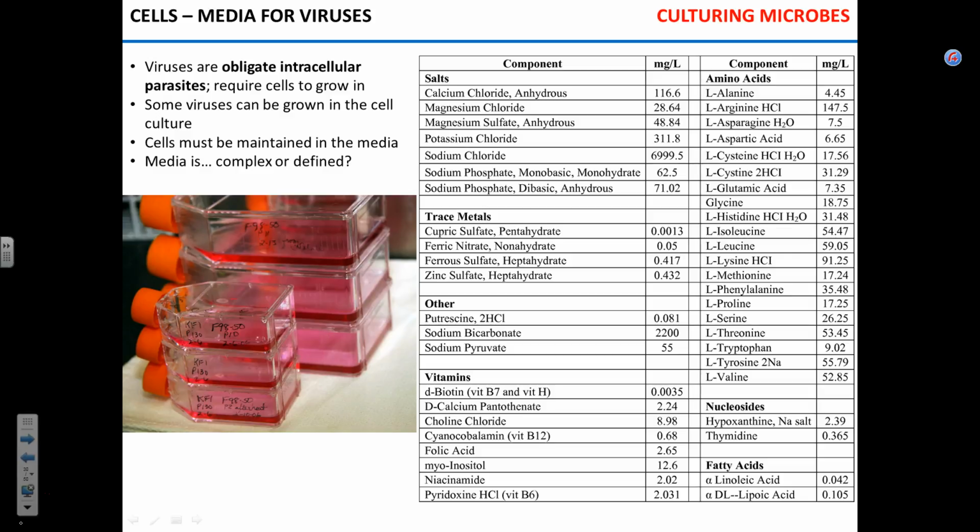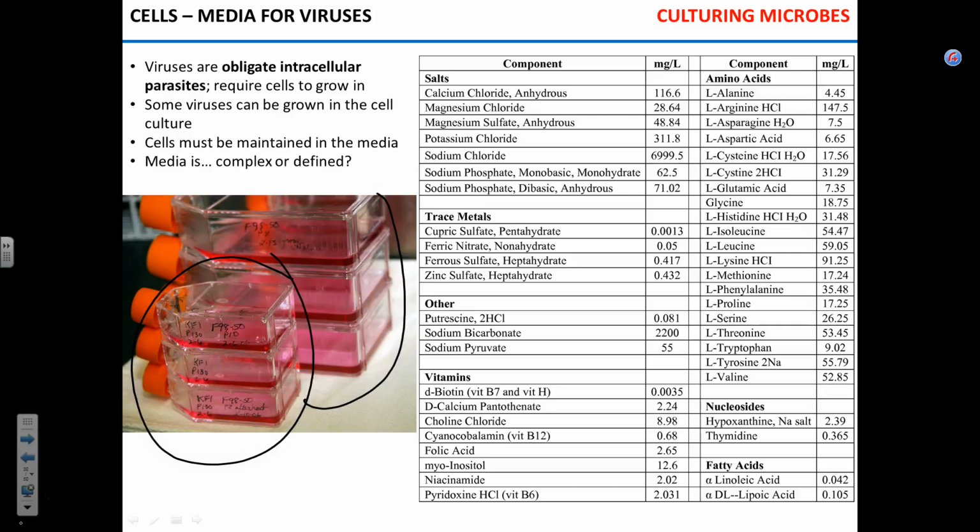So this is how we grow cells. I grew 3 different viruses in probably a dozen different cell types. So pretty much what happens is you have cells in suspension.